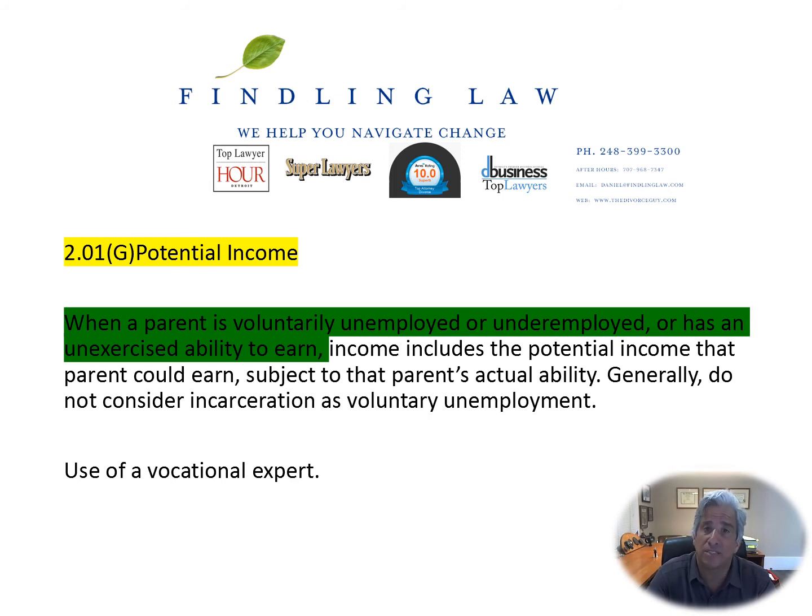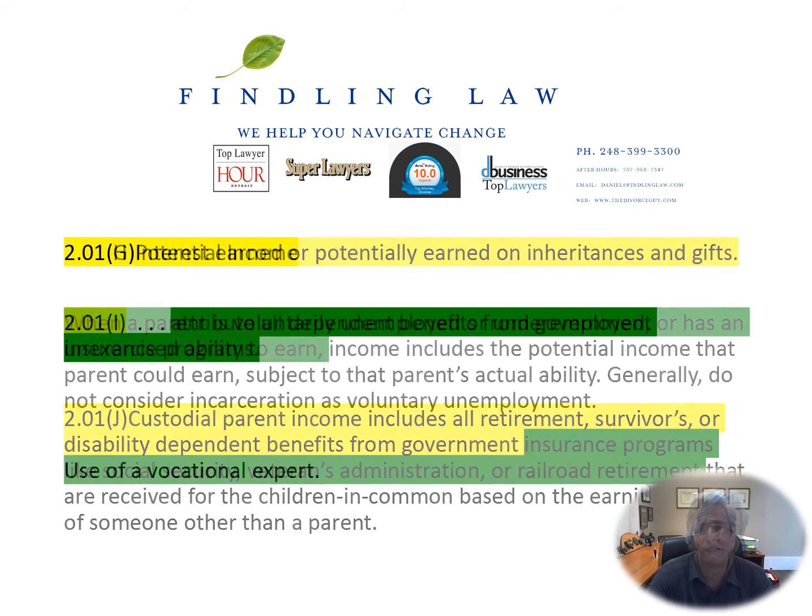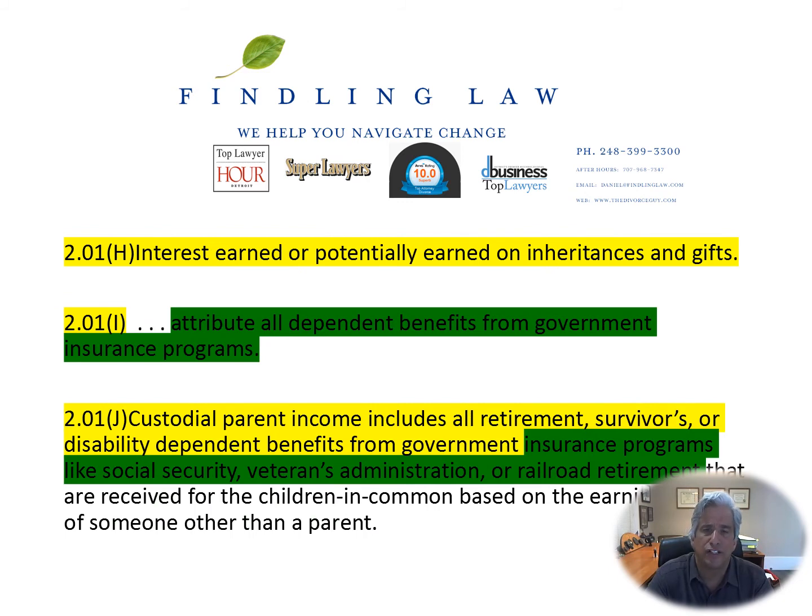A vocational expert can be very helpful in helping us to determine the amount of potential income that should be utilized, and it can have a big impact on the amount of child support or spousal support paid.